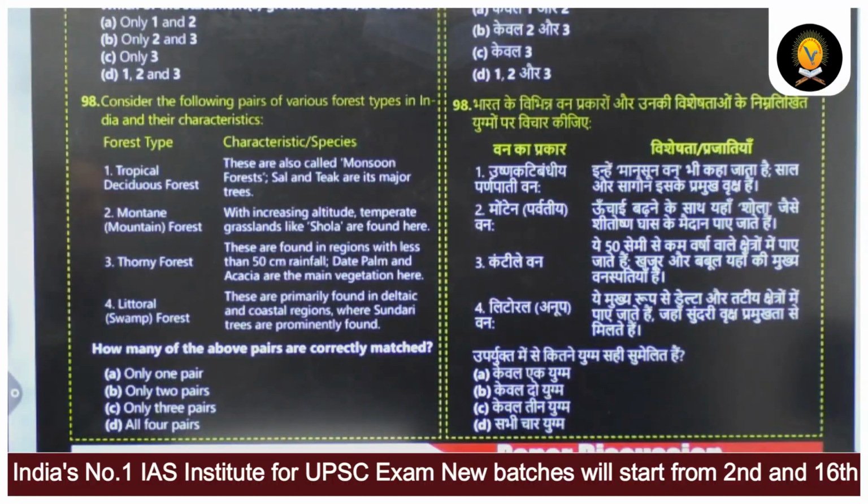Tropical deciduous forests are also called monsoon forests. Yes. Mountain forests: with increasing altitude, temperature falls, and grasslands like Sholas are found here. Yes. Thorny forests are found in regions with less than 50 centimeters of rainfall, with date palm and acacia. Yes. Littoral swamp forests are primarily found in deltaic regions. Yes. All 4 are correct.